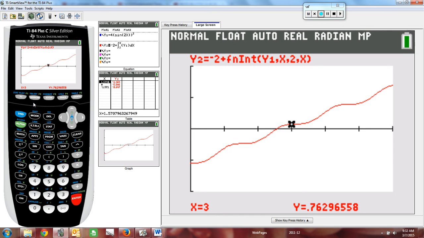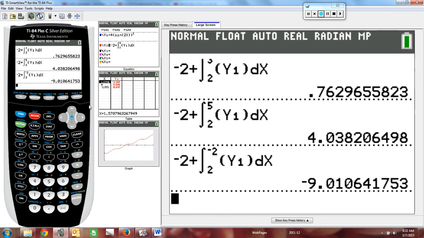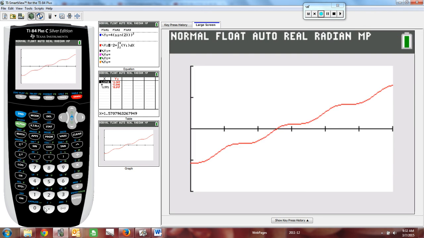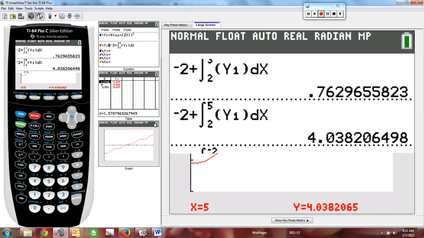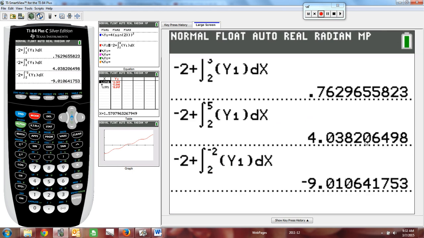So remember that from our home screen, 0.7629 is what we got earlier. And then if I hit trace and 5, you would end up here at your 4.0382, which again, if we check on our home screen, is 4.0382. So those are the values that we found by doing this idea.